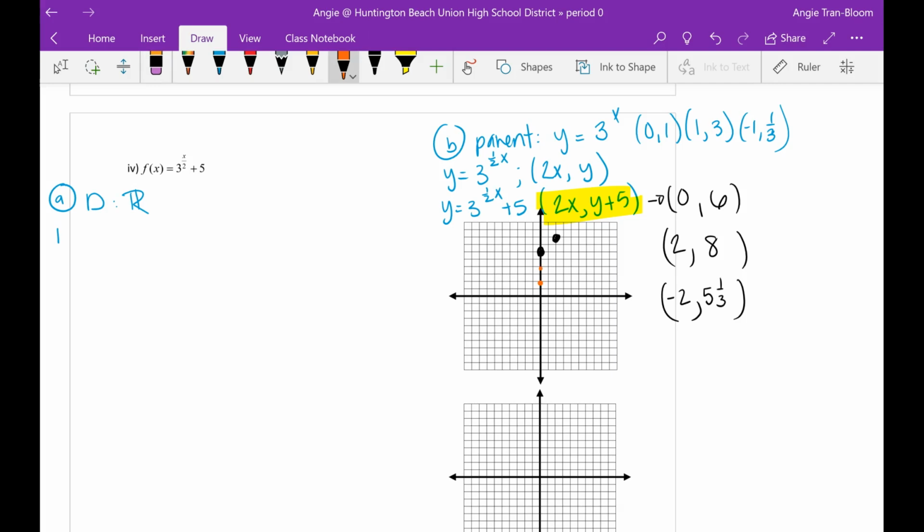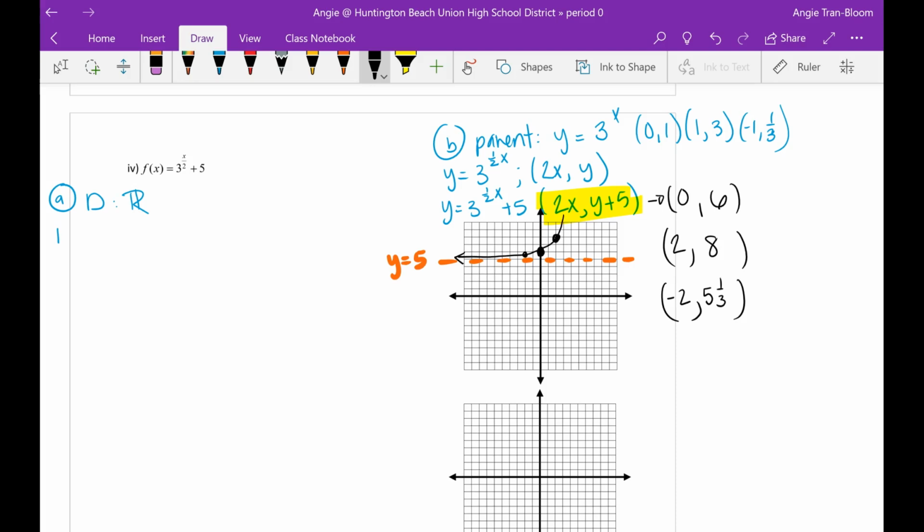I'm really not paying attention. I apologize. Okay, so here we go. All right. So this is y equals 5. Because we're switching between log and asymptote, my brain is... Okay. So this is going to be negative 2, up 5 and 1/3, like that.